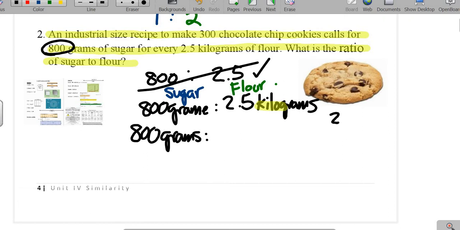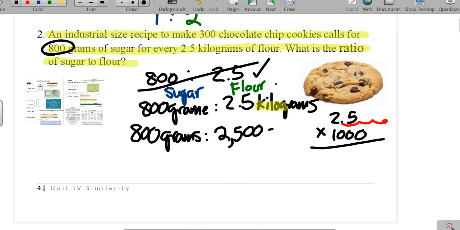And then 2.5 times 1,000 means I simply take that decimal and I move it over 1, 2, 3. So it's going to be 2,500 grams.